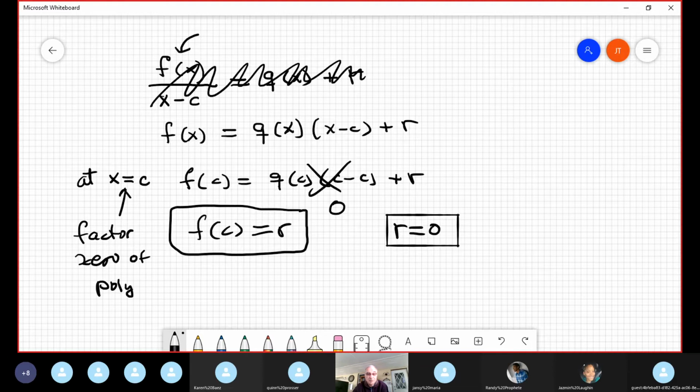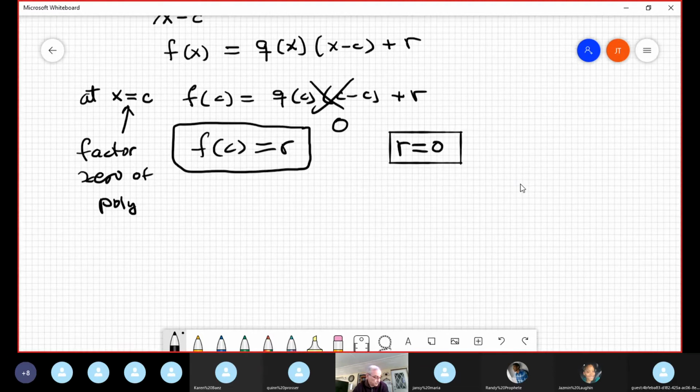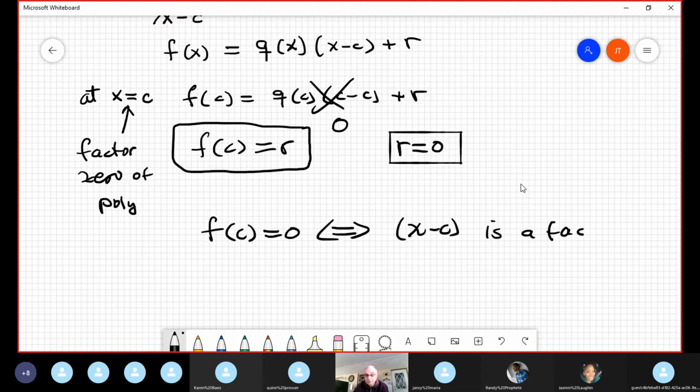Okay, let me illustrate the idea. Look, the idea is clear. If f of c is equal to 0, this is equivalent to say that the factor x minus c is a factor of f of x.